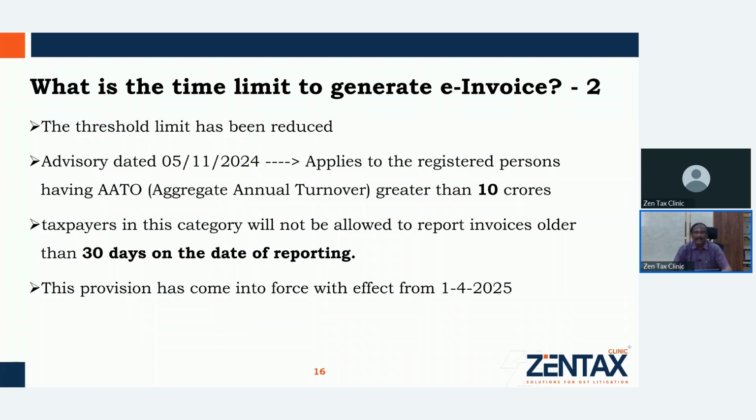They have to take the IRN within 30 days of the invoice date. So the basis is your invoice date. Calculate from the invoice date; you have to report it as an e-invoice within 30 days if your turnover is more than 10 crores. This is a very, very important aspect that you must keep in mind.